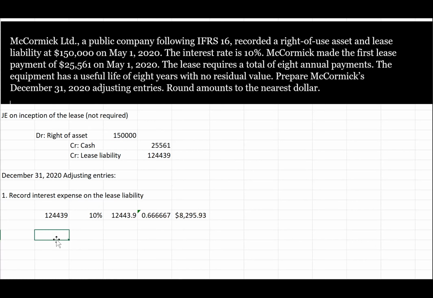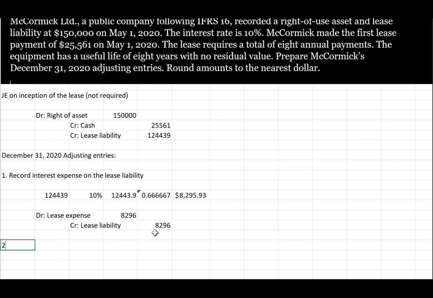So I'm going to record debit interest expense, and this is going to go through my P&L, $8,926, okay? And then I'm going to go credit lease liability. So we're actually increasing the value of the lease liability on our statement of financial position because of course it's a credit balance and we're crediting it. So we're increasing that lease liability.